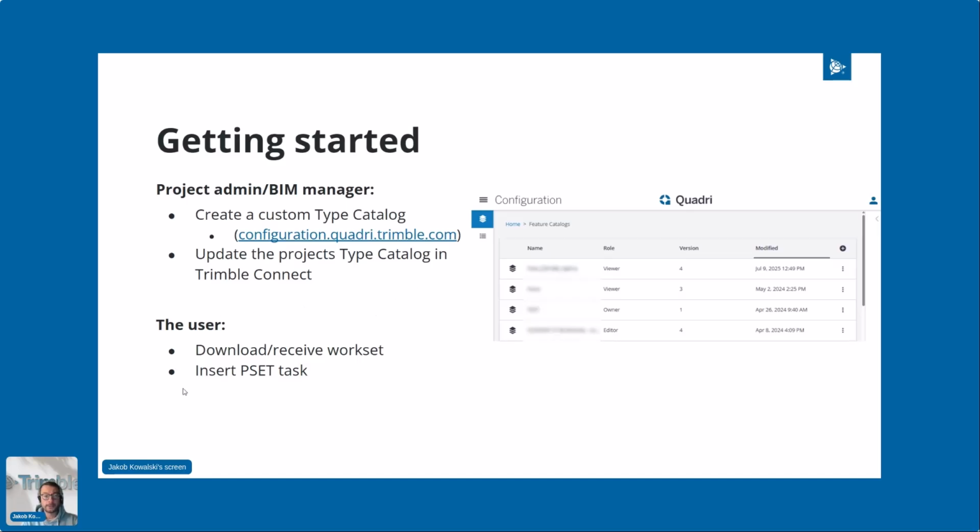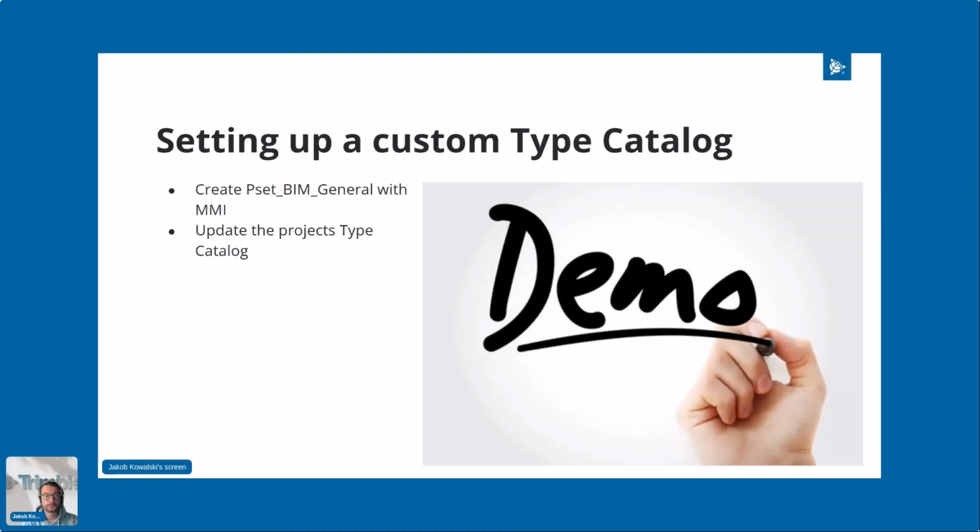Then the end user, or the daily participant in the project, can download or receive the workset. And after that, he can create own property sets, which I will also show.